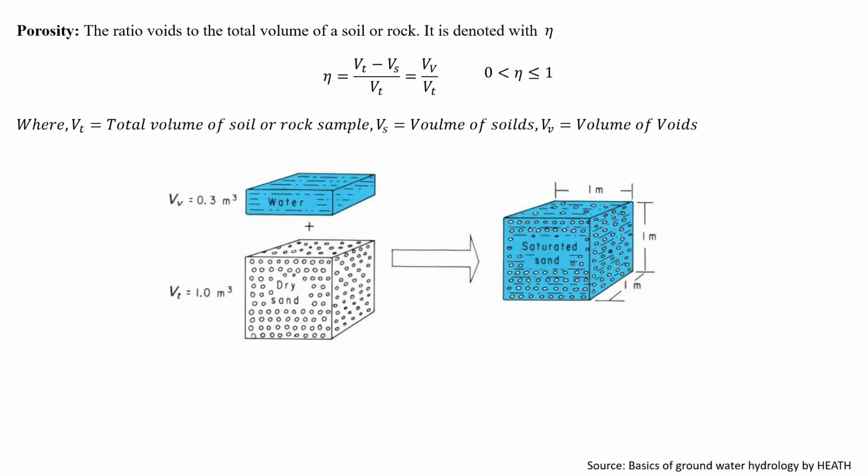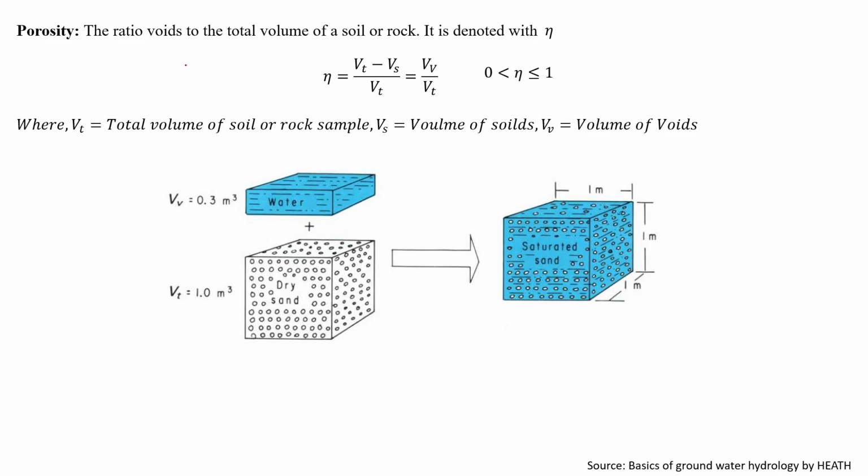Okay. Let's move to the next topic. So this is another important ratio that we calculate. It is not only important in hydrology, it is very important in geotechnical engineering also, where you will use Darcy's law and other things.